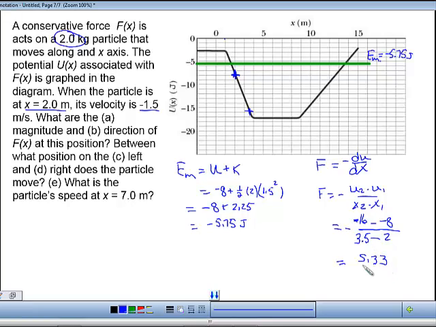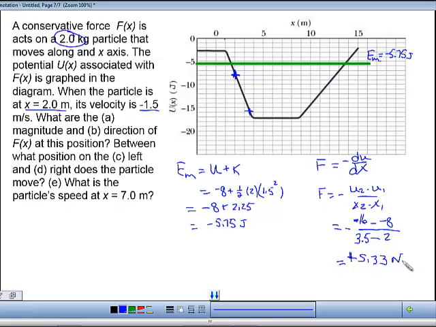The slope is negative, but then we do the negative sign on that, so it's 5.33 newtons. The slope is negative 5.33, but the force is positive 5.33. So that means that the force is pointing to the right, it's in the positive direction, and it has a magnitude of 5.33 newtons.